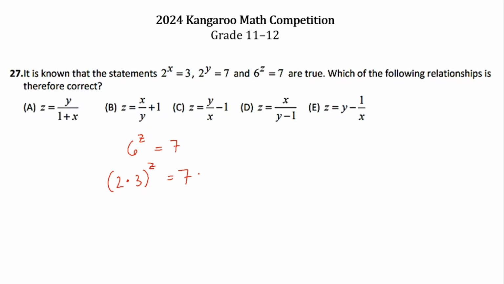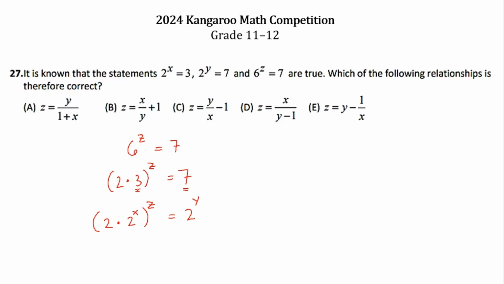equals 7. Now notice that the 2 here, the 3 here, and the 7 in the right hand side can be replaced by 2 raised to x and 2 raised to y respectively. Alright, so the last equation becomes 2 times 2 raised to x raised to z equals 2 raised to y.